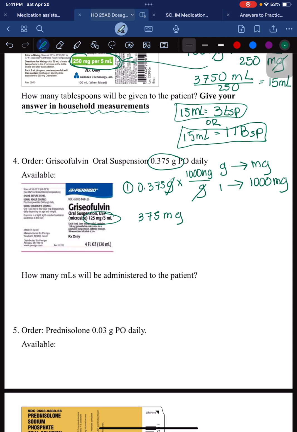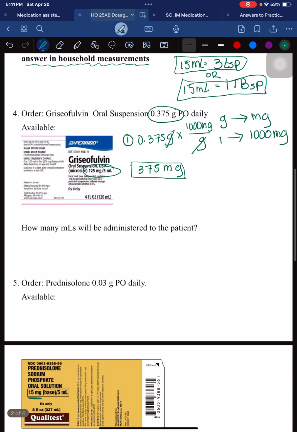Okay, 375 mg. So I know my order now. Now, the second step is that I need to figure out how much to give to the patient.